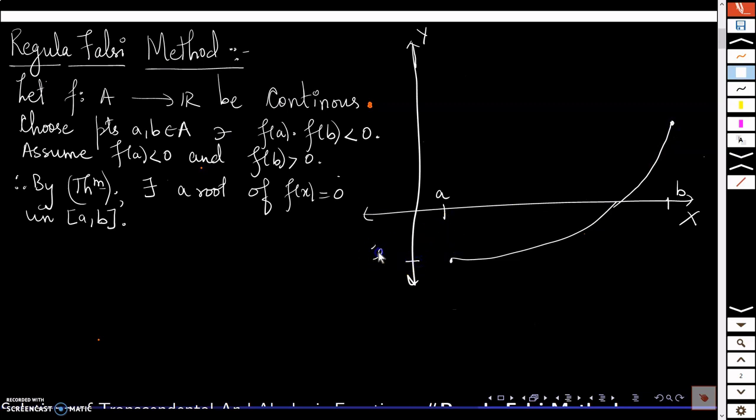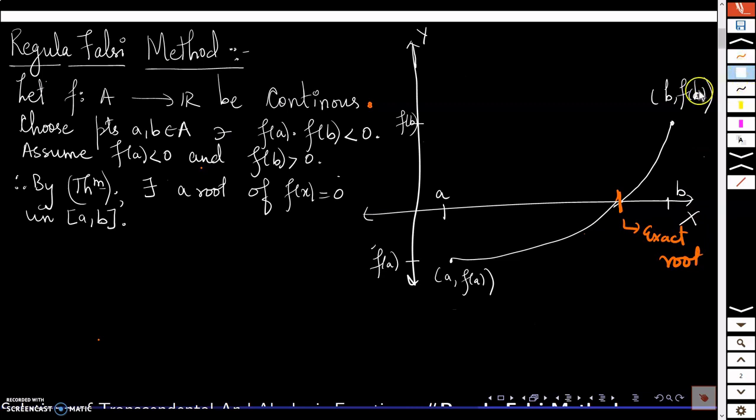So this is the point f of a, and here this is the point f of b on the y-axis, and the coordinates of this point are a comma f of a, and the coordinates of this point are b comma f of b. All right, so it is definitely touching the x-axis at this point, and this is the root that we are looking for. That's the exact root.